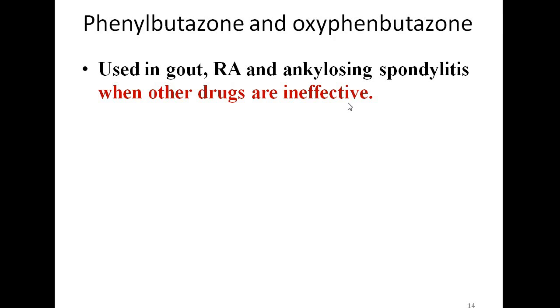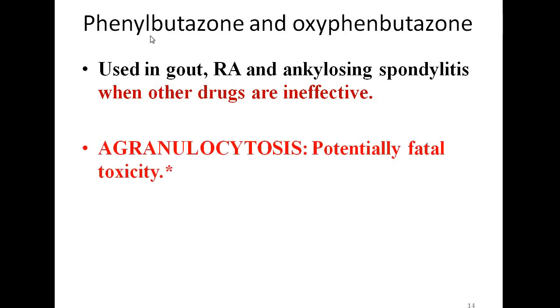Now why this specific limitation is because both phenylbutazone and oxyphenbutazone cause agranulocytosis, which is a potentially fatal toxicity. Therefore, though they are very good anti-inflammatory drugs, their use is restricted because of this potentially fatal agranulocytosis.